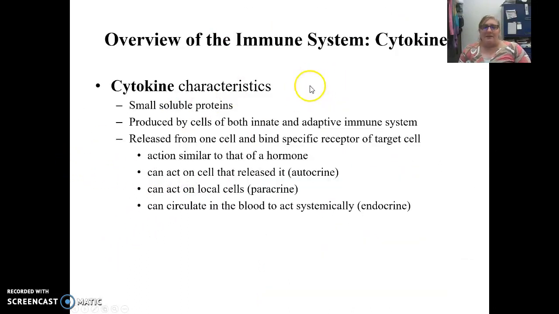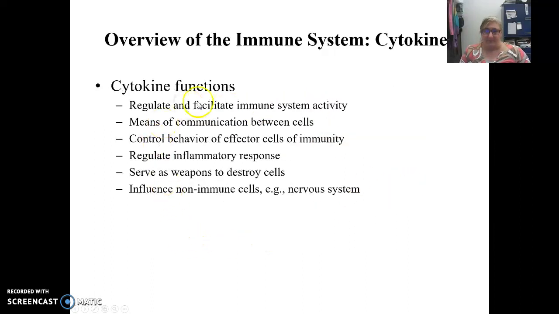Some of the chemicals that are released by either our B and T lymphocytes or by our body cells are called cytokines. Cytokines are tiny proteins that cause a reaction to occur. Some of the things that cytokines do: they cause inflammatory responses.